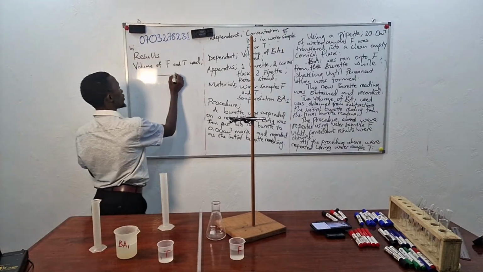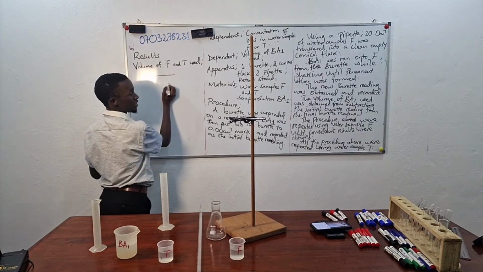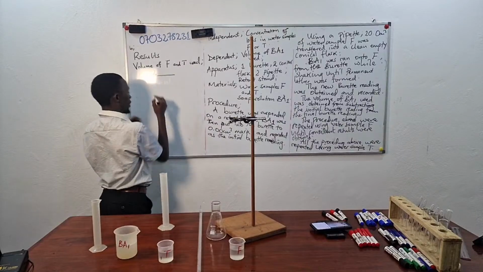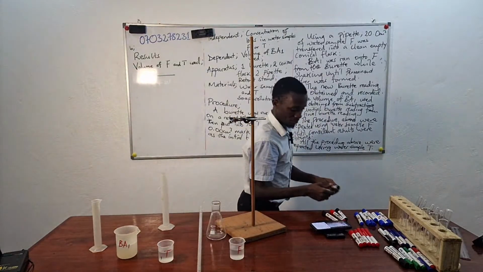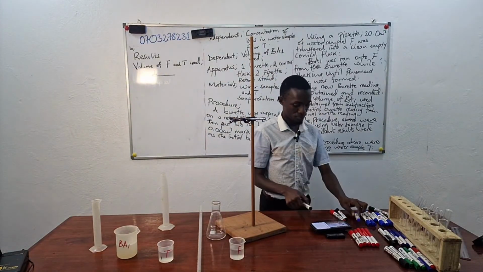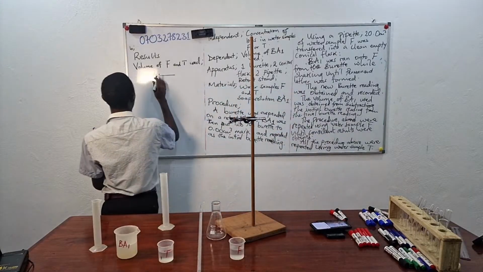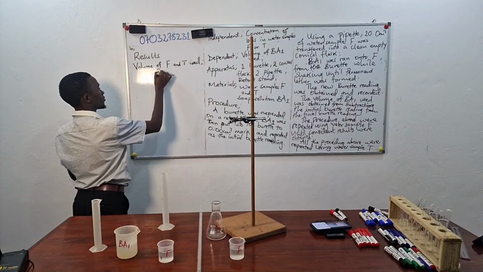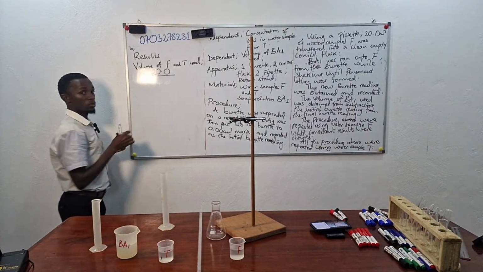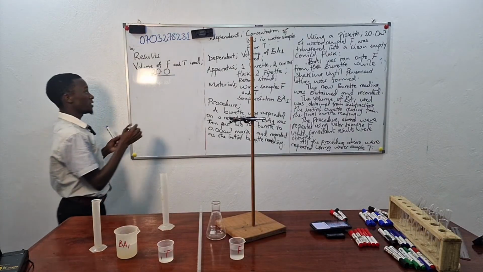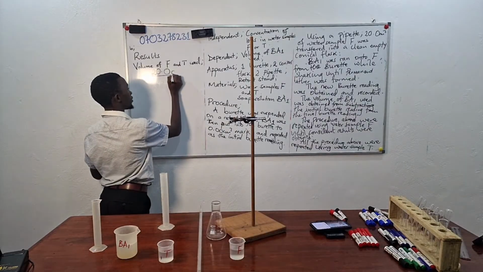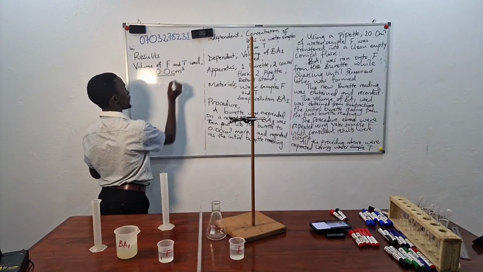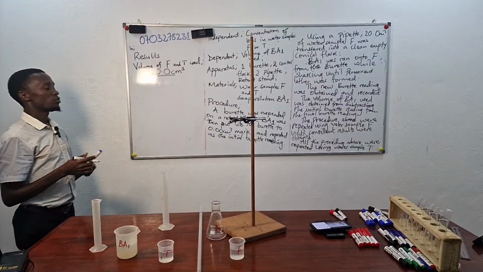So we used equal volumes of F and T. We used 20. Members, a pipette reads, or we record the values of a pipette to one decimal place.